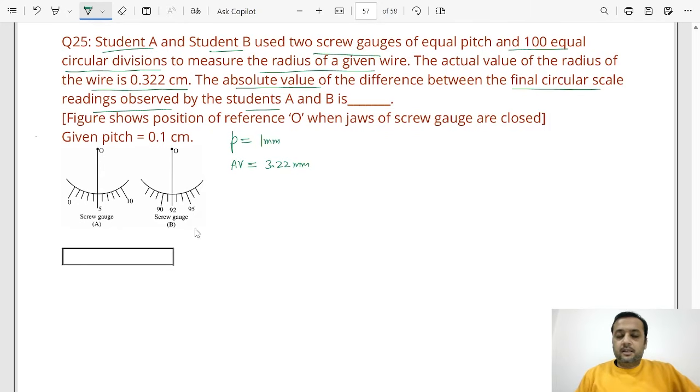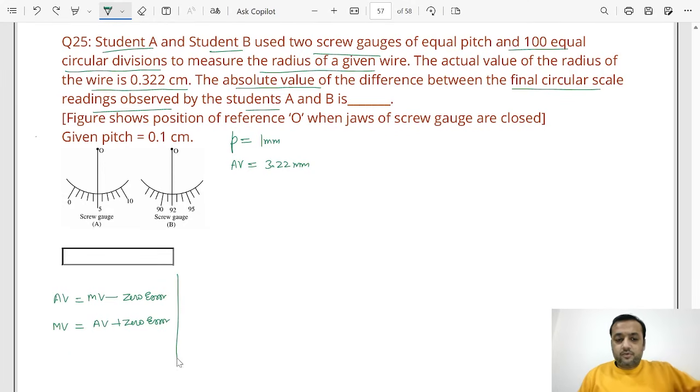Now look, we know that the actual value is the measured value minus the zero error. That means the measured value will be the actual value plus the zero error. All right. Now for student 1, student A, the actual value will be the same for both students. It is 3.22 mm. The zero error for student 1 is a positive zero error.